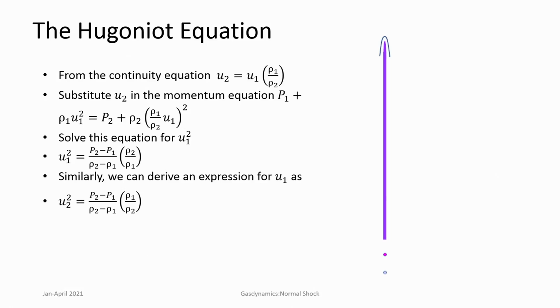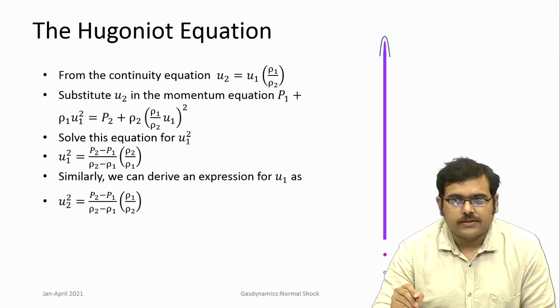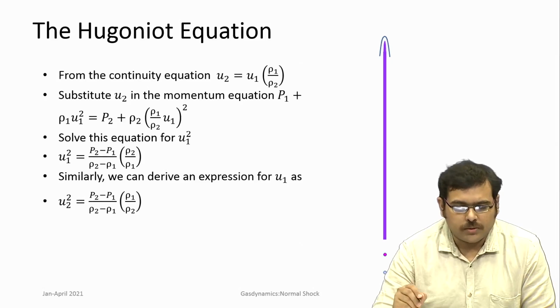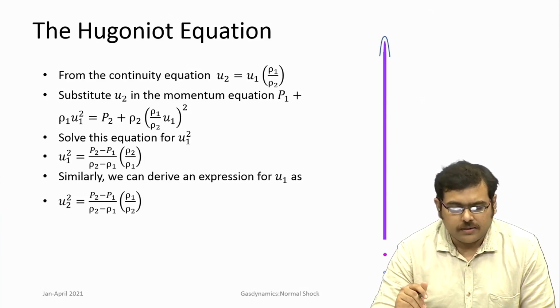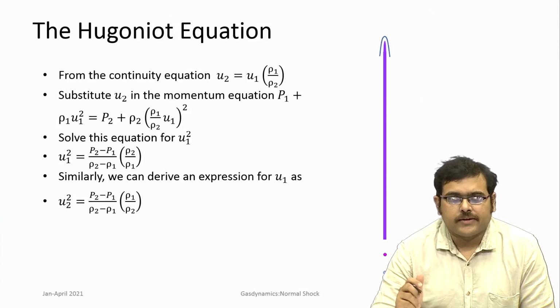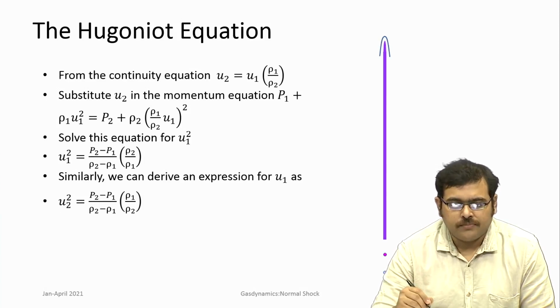Having discussed the strong shock and weak shock limits, let us now look at another facet of these normal shocks, that is the Hugoniot equation. The Hugoniot equation expresses the properties across the normal shock only in terms of thermodynamic variables, and the velocity does not figure in the expression.